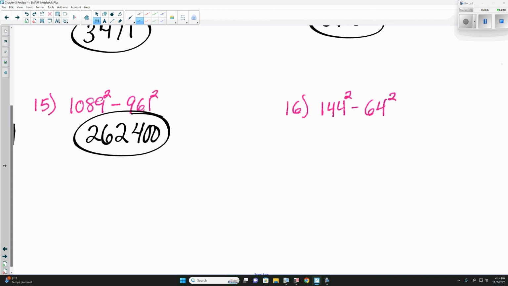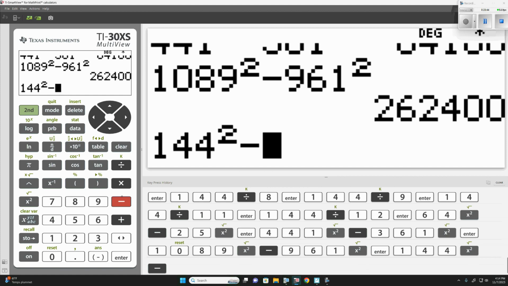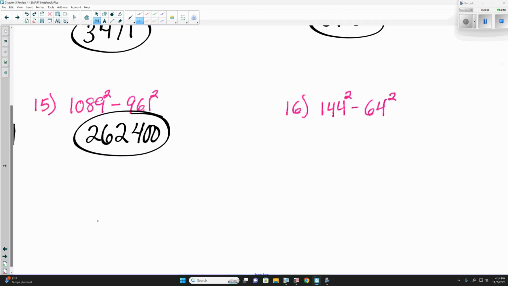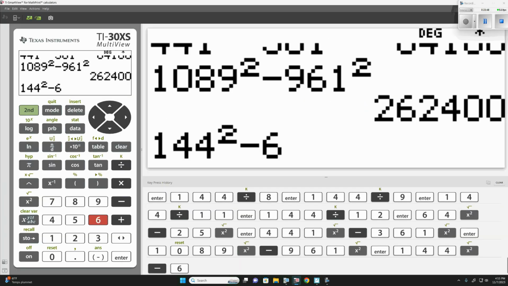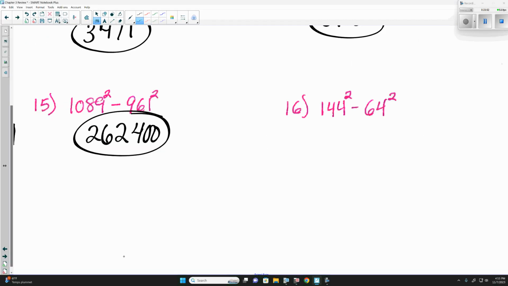That is it. And the last one, 144 squared minus 64 squared is 16,640. And that's it. So for 13 through 16, you just have to plug it into the calculator and let it do the work for you.